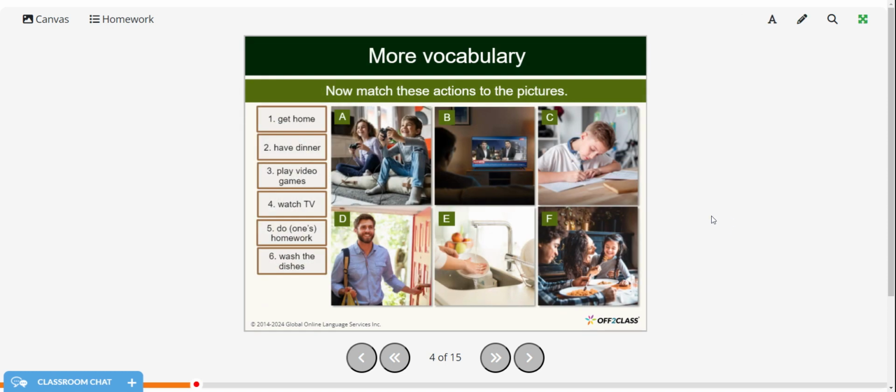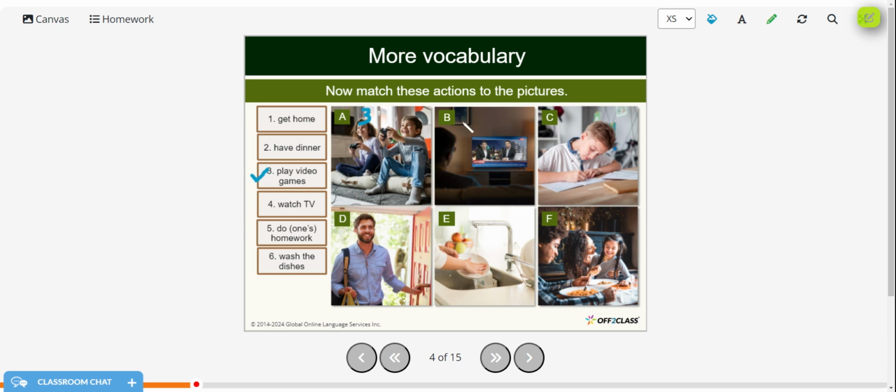All right, we're going to learn some additional vocabulary. Want to match these actions to the pictures once again. Again, you can pause the video and do that on your own, and then restart the video when you're ready to hear the answers. All right, letter A goes with number 3, to play video games.